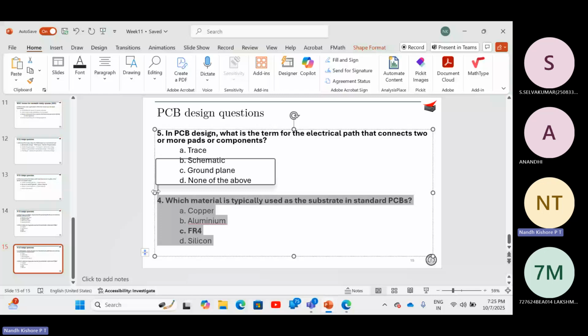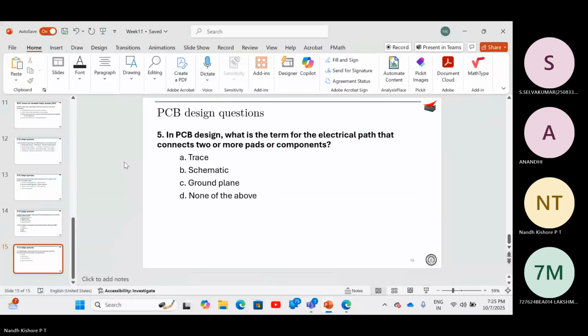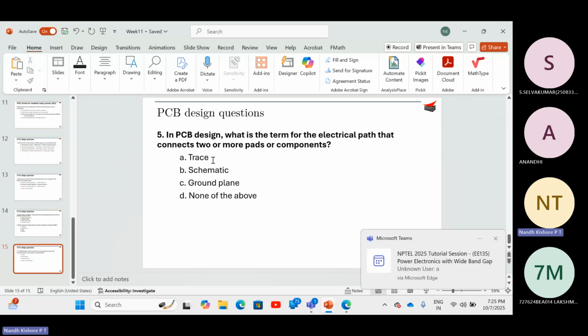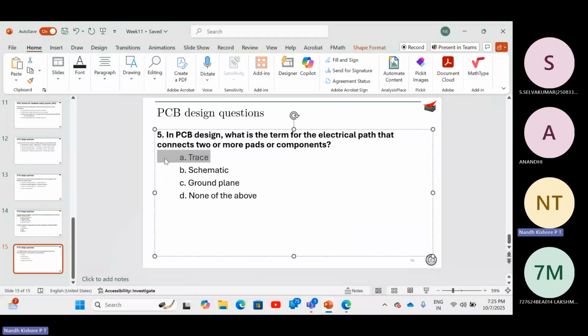Again, a simple question only. So what is the term for the electrical path that connects two or more pads or components? With what do you connect? Correct. So you use a trace to connect. Or we can also have copper regions. You can also create copper regions, or you can use trace.